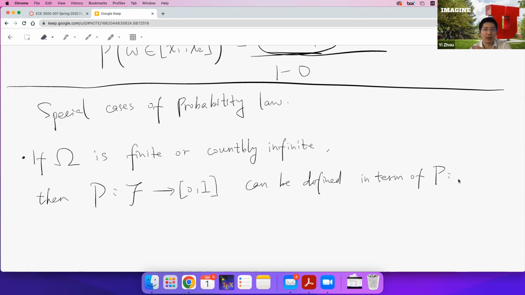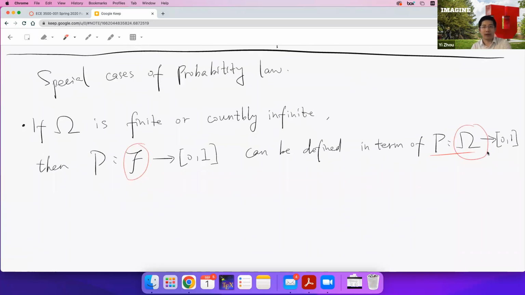In the classic way, we assign probabilities to every outcome in omega, between 0 and 1. So this is the difference. In the modern way, we assign probabilities to the events, but in the classic way, we assign probabilities to each outcome. So if omega is finite or countably infinite, then we can simply take the classic way to address the problem.